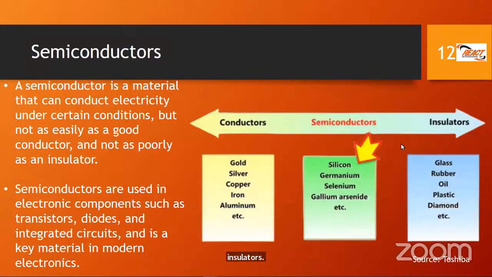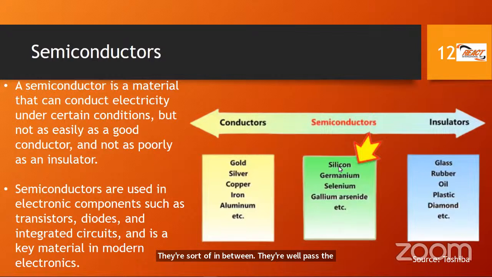We have something in between, and that is called semiconductors, meaning that they don't conduct extremely well, but neither do they insulate very well either. They're sort of in between. They will pass the current, and we take advantage of that property in semiconductors.